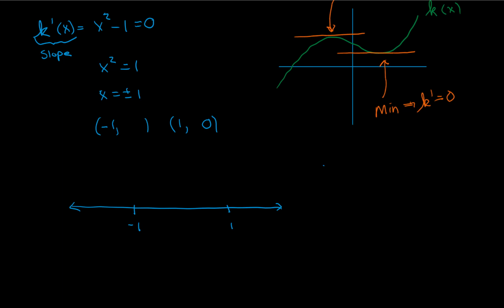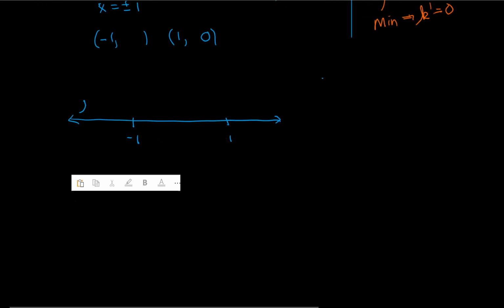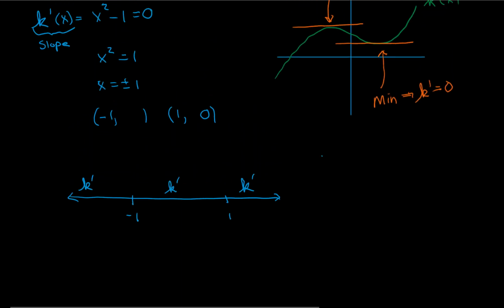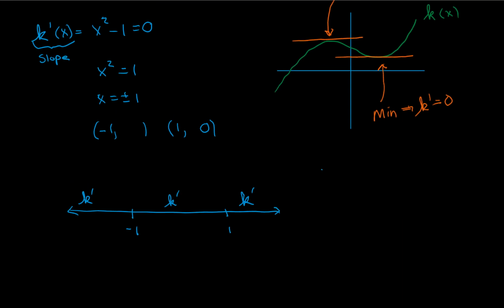Then what I'm going to do is I'm going to evaluate the derivative on each of the intervals that you can see. So for example, to the far left, I'm going to evaluate the derivative for some x value over here. Now, if you look up at the green graph in the upper right-hand corner, you can see in this area that the function is increasing, which means that the derivative should be positive. Well, to verify that, all I'm going to do is I'm going to take my derivative, pick some number to the left of -1.